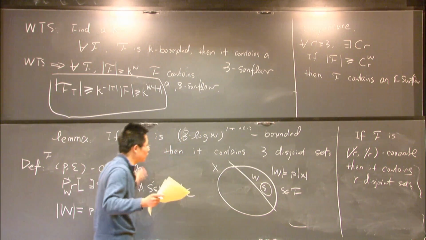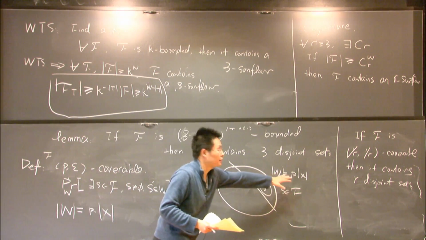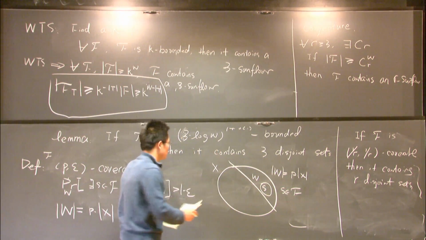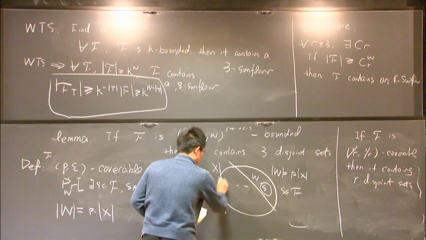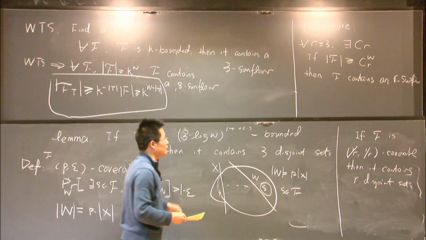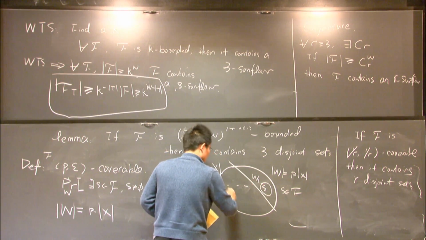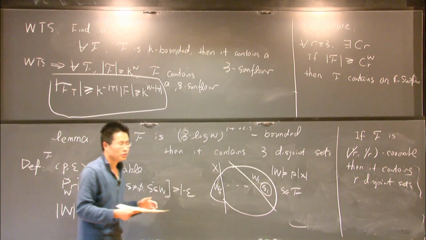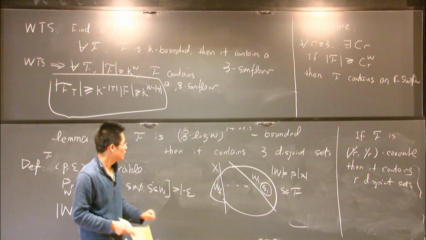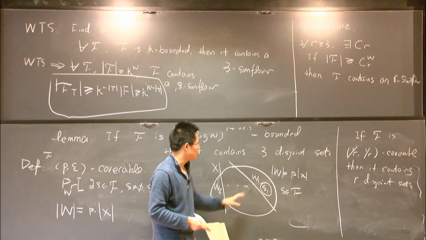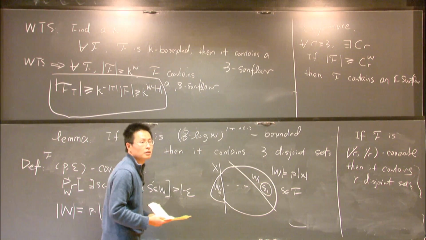Why? Because we can just randomly partition X into R sets, W1 to WR. With positive probability, not high probability, we have a good partition such that for every i, Wi contains some Si, just by union bound.